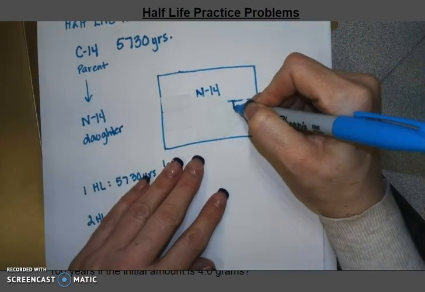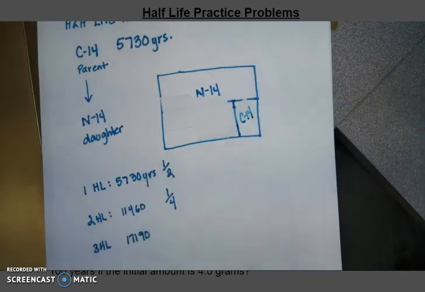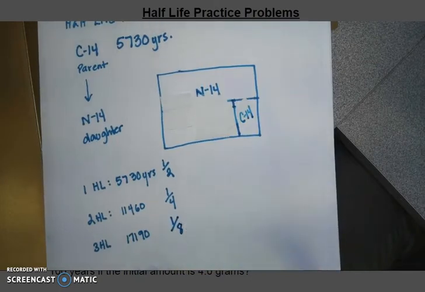We're cutting this piece in half right here. We now only have an eighth of my original carbon 14. The rest is nitrogen 14. And we can keep doing this.